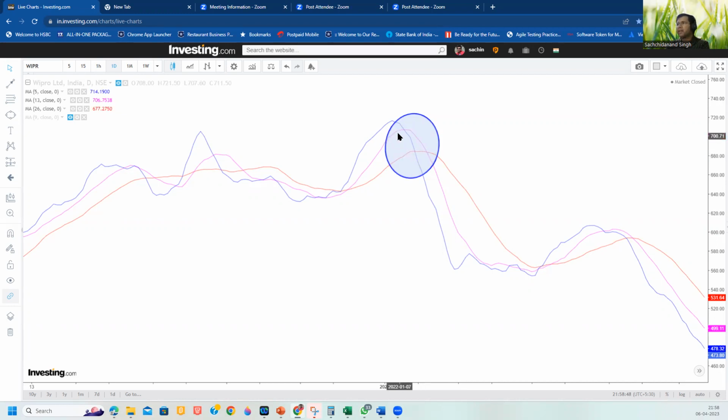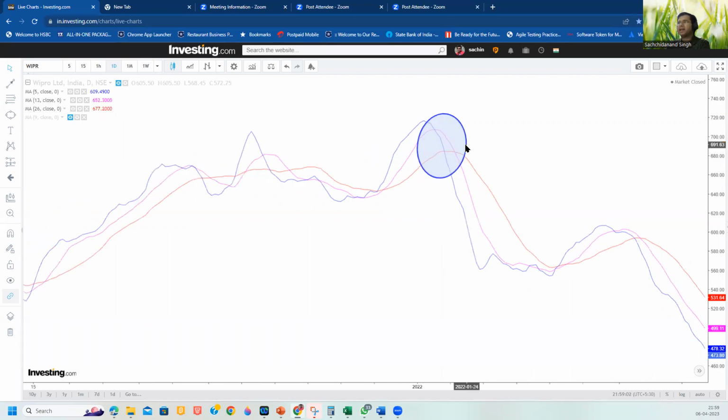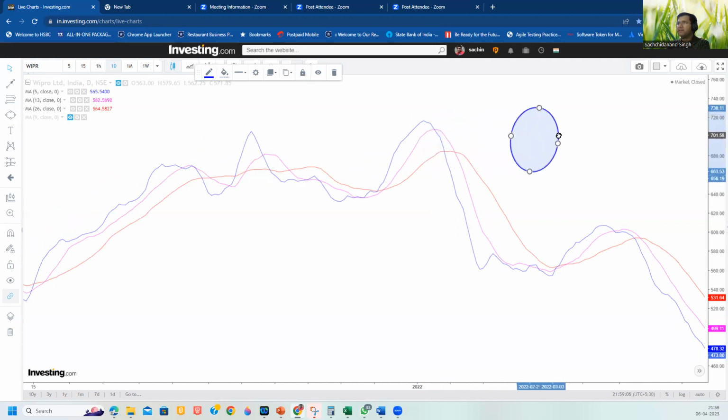At the same time, the moving average of 13, which is pink, is also crossing down the moving average of 26. Whenever such a scenario is happening in the market or in stocks, it is named a negative crossover, and it is considered a potential sell signal.